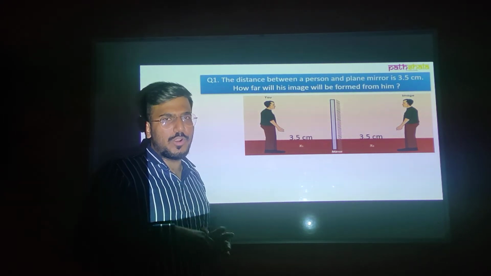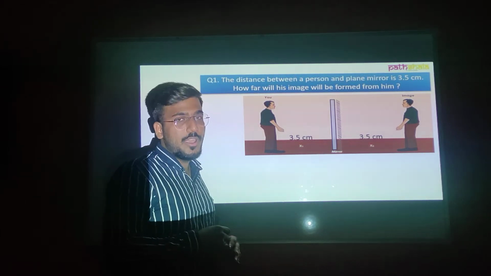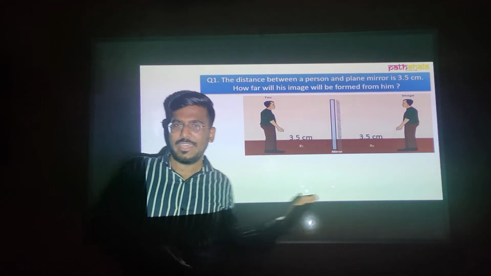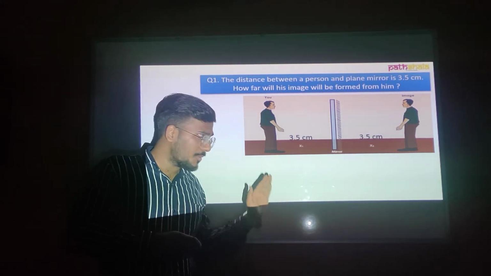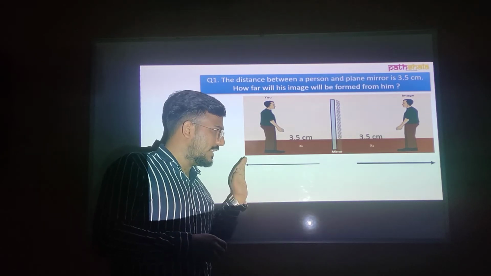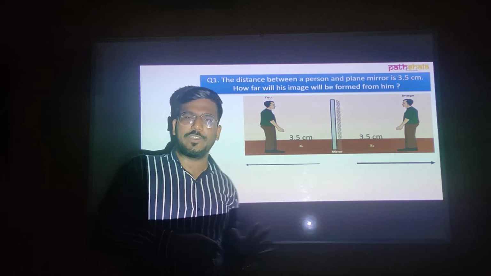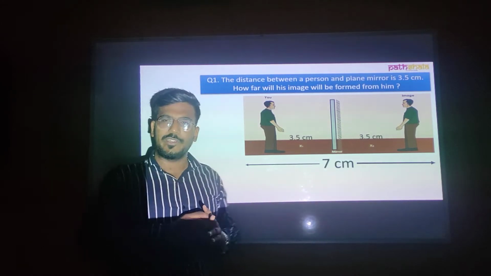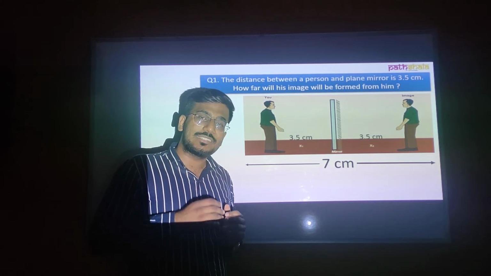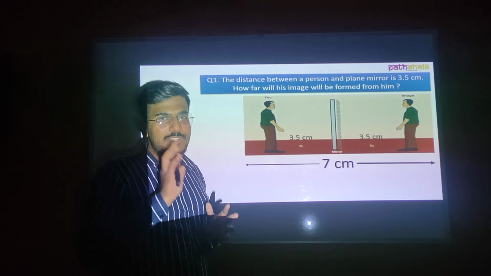Great. But wait, they are asking how far will his image be formed from him. So from this point, how far is the image formed? Means we are actually supposed to find this distance. So this distance is the addition of these two small distances, 3.5 plus 3.5, that is 7 centimeter. Good. So the image is formed at a distance of 7 centimeter from the object. Is that clear? That was the first question.